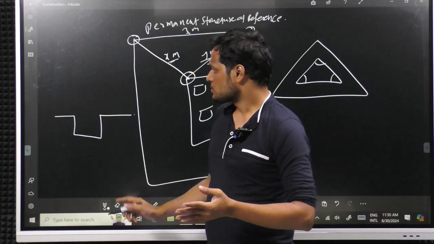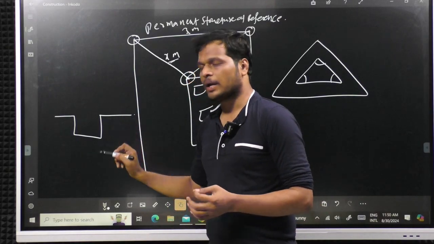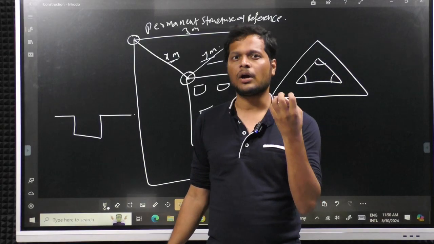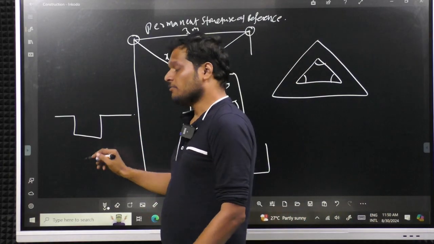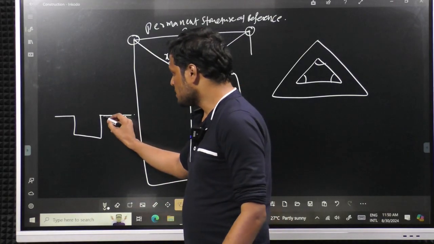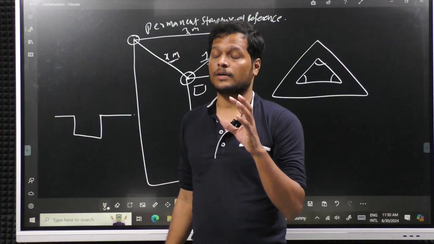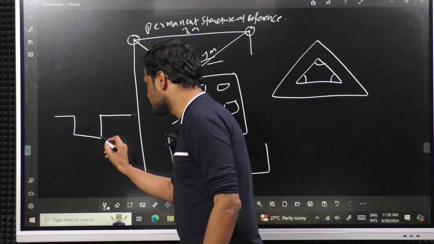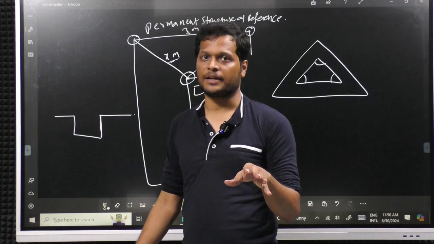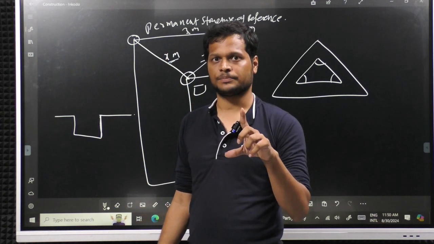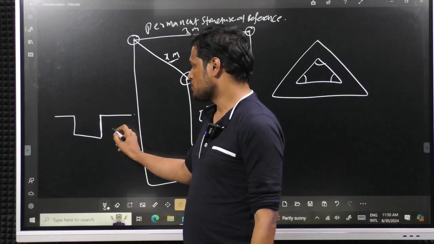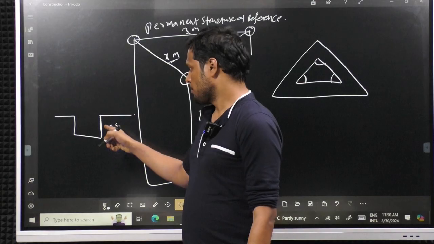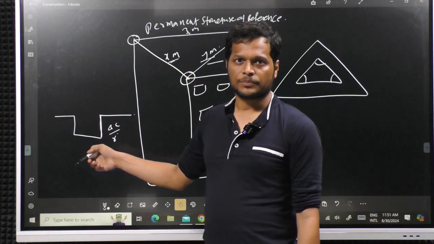If you have stiff clay, it will be able to stand, or if you have rocky nature, that will also be able to withstand. Instead, if you have sandy soil, sand will not have vertical height. Only clay can have vertical height. The maximum vertical height for clay we already know is 4c by gamma, but sand cannot stand vertically.